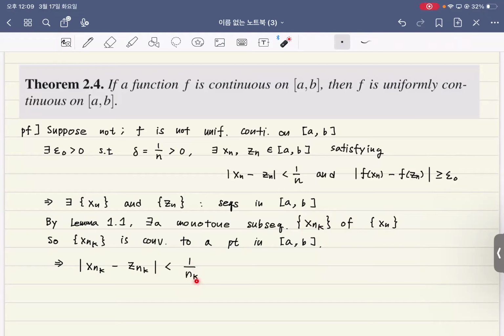But this n_k, the kth term of this subsequence, is always greater than or equal to k. Therefore, we have this inequality.